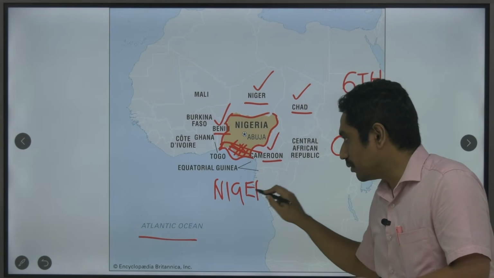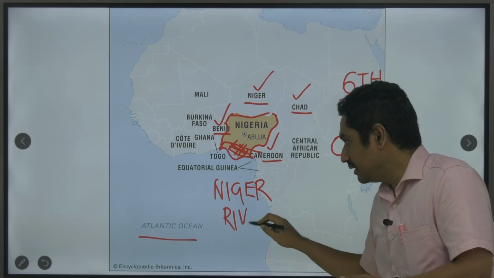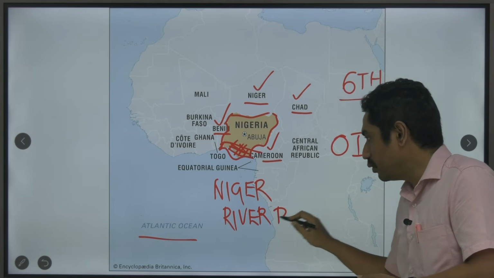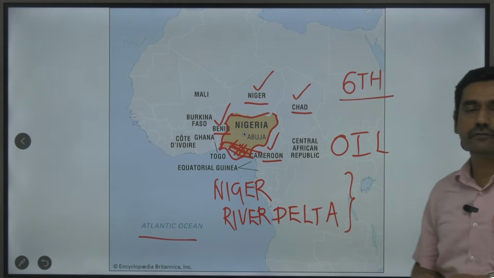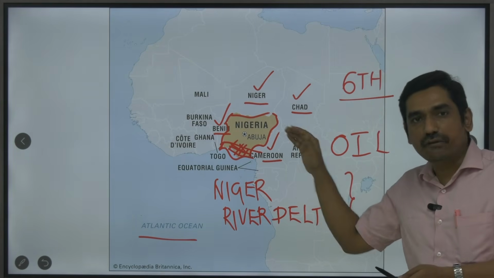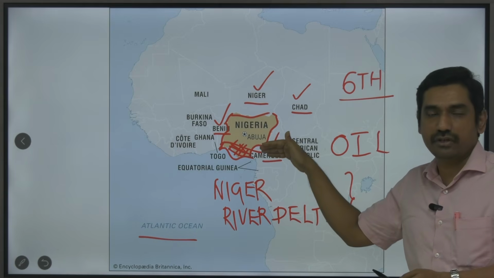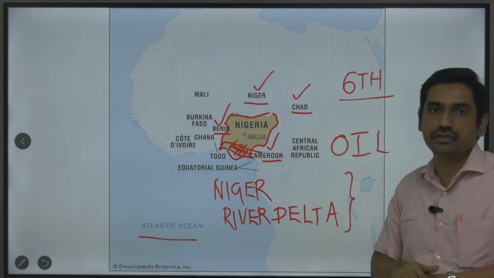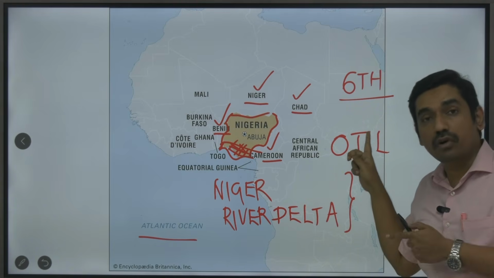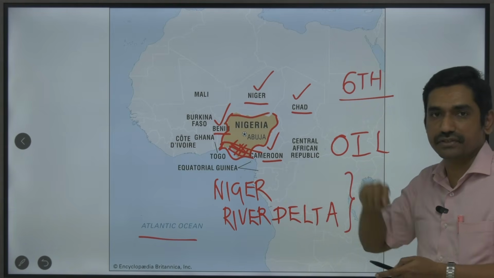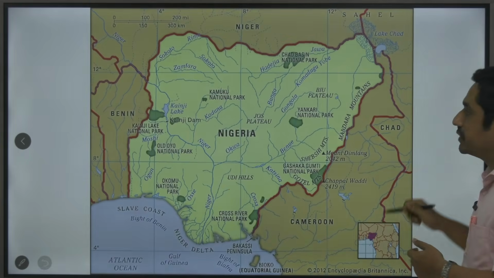Now, why is this important? Well, at the end of our discussion, we'll be looking at the areas which are volatile in terms of national security for Nigeria. And we will see that there are certain climatic limitations and resource limitations for those regions, which lead to political conflict. So keep this in mind that most of its oil resources are concentrated on the southern side.